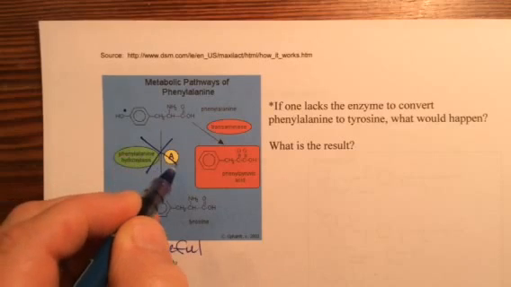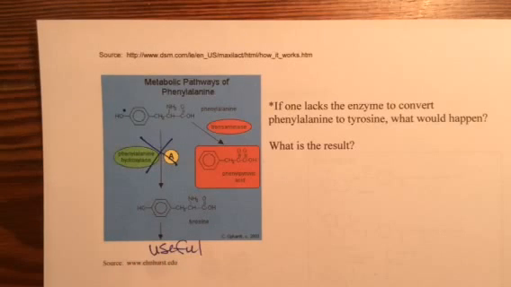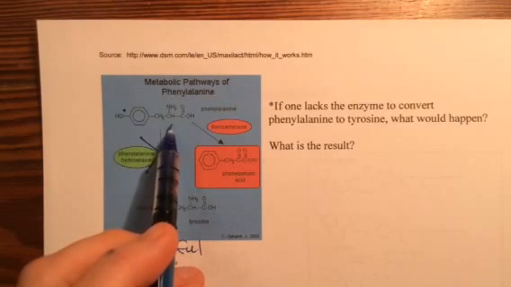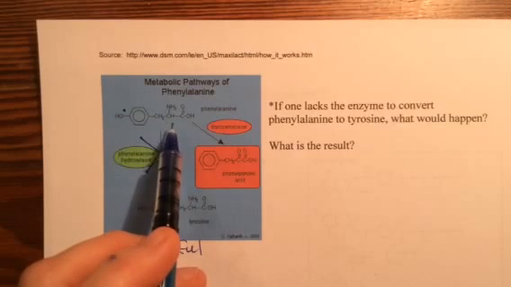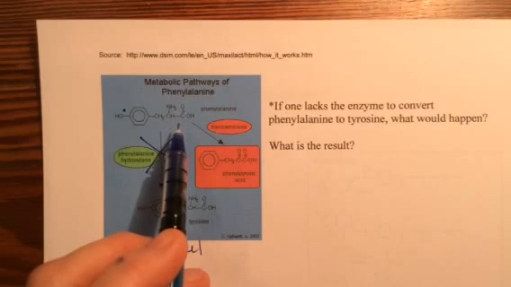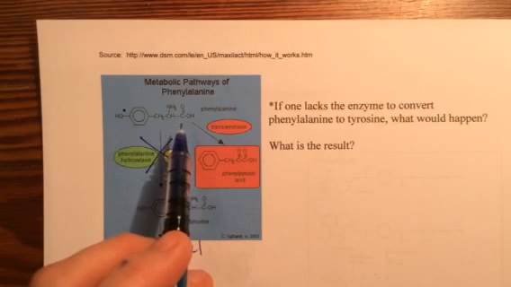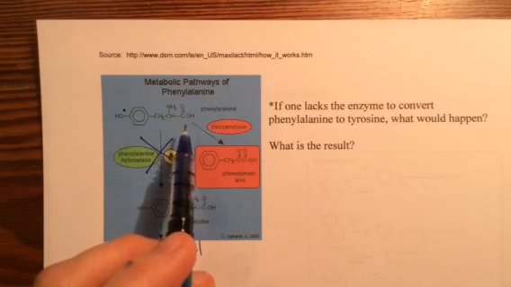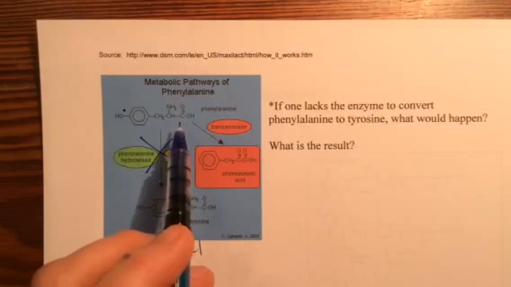If someone lacks this enzyme, the phenylalanine will accumulate, and it has no choice but to go somewhere. Just like if Highway 43 is blocked, you have to just go somewhere else.